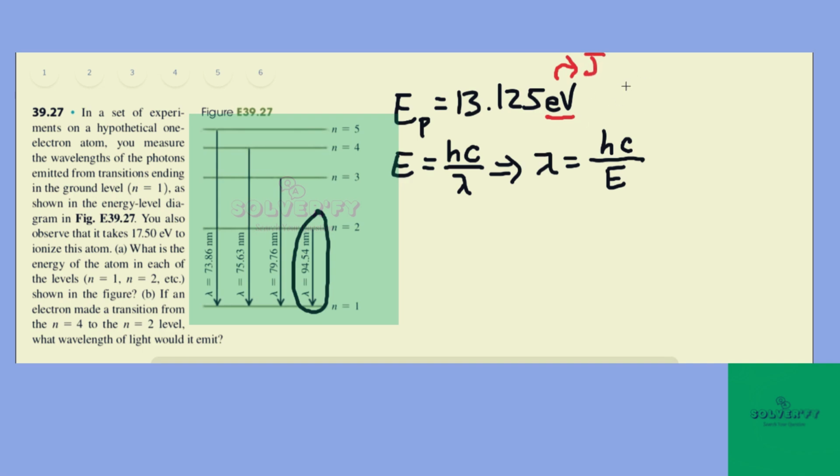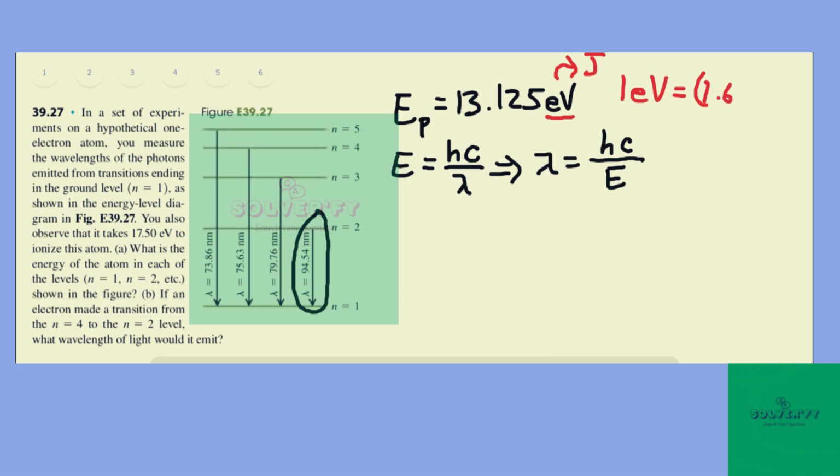To get 1 electron volt in joules, we multiply by the electron charge.